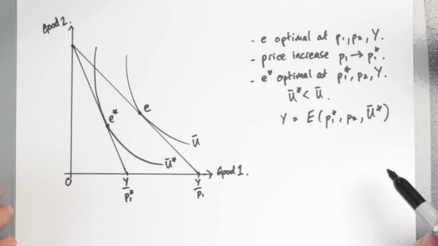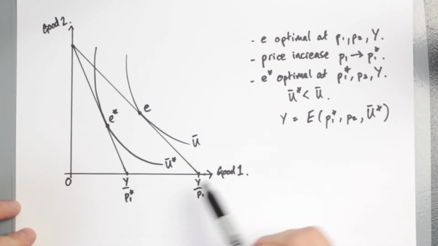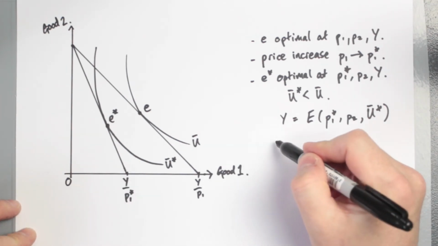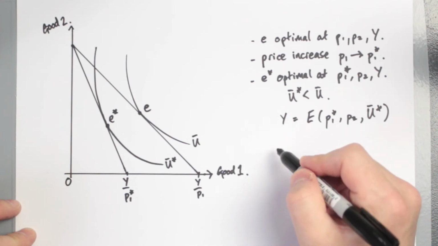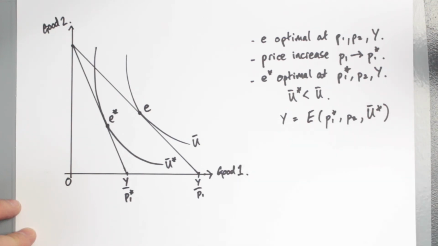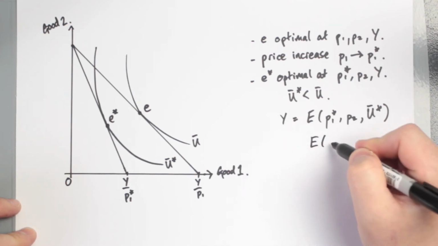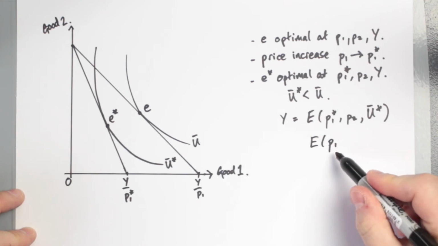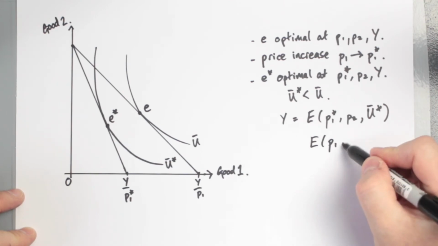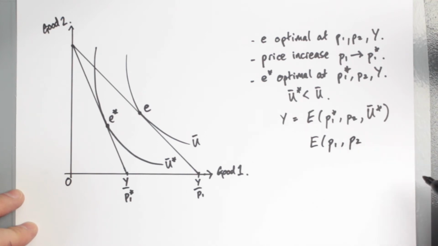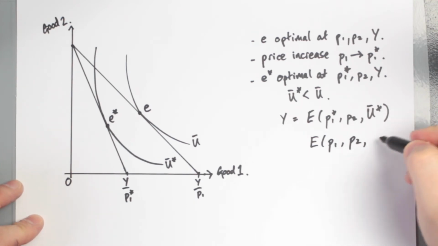Okay, but this will turn out to be useful next. So how do we capture precisely the idea of equivalent variation? Well, what we're going to say is if the price hadn't changed, so we just had the expenditure required when the price is P1, the price of good 2 is P2, and we want to achieve this new level of utility.